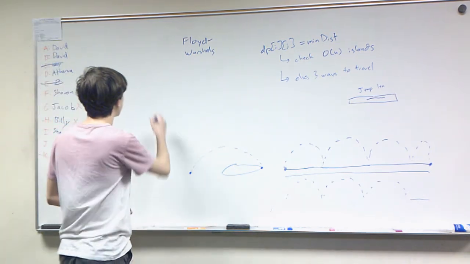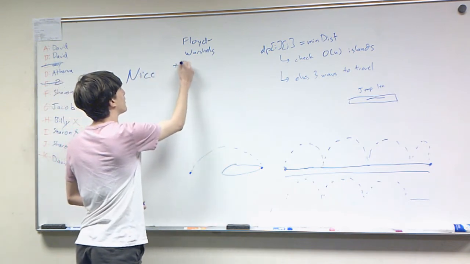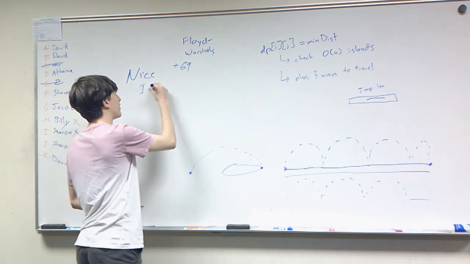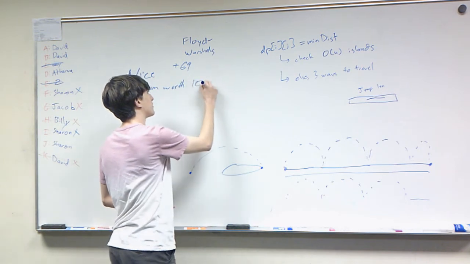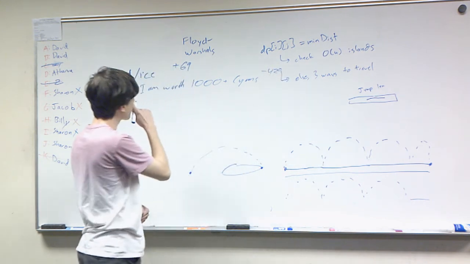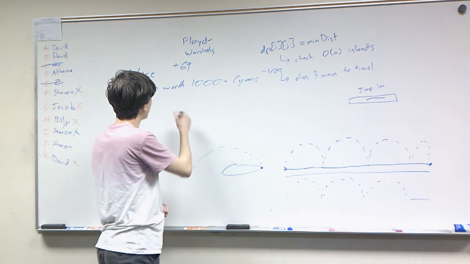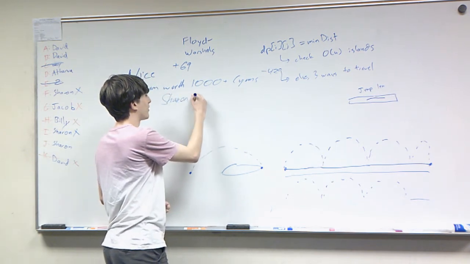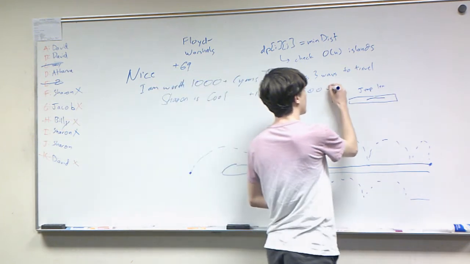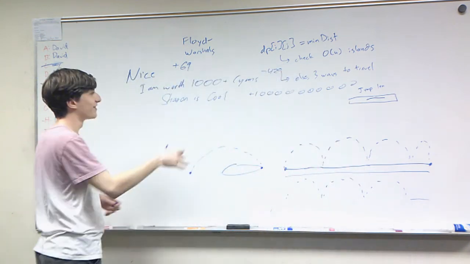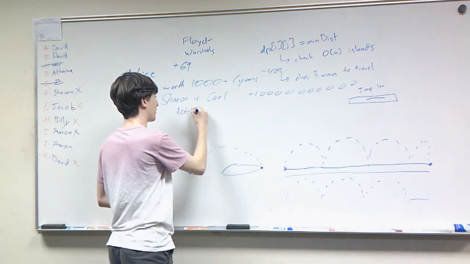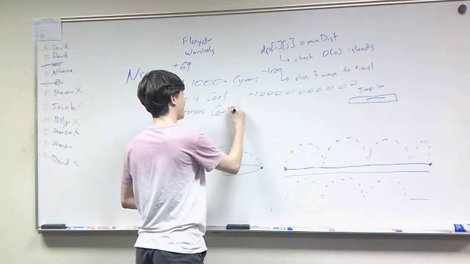Aesthetically pleasing means the first comment has a positive number of upvotes, and then the next comment has a negative number of upvotes, and then the next comment has a positive number of upvotes, and it has to alternate.